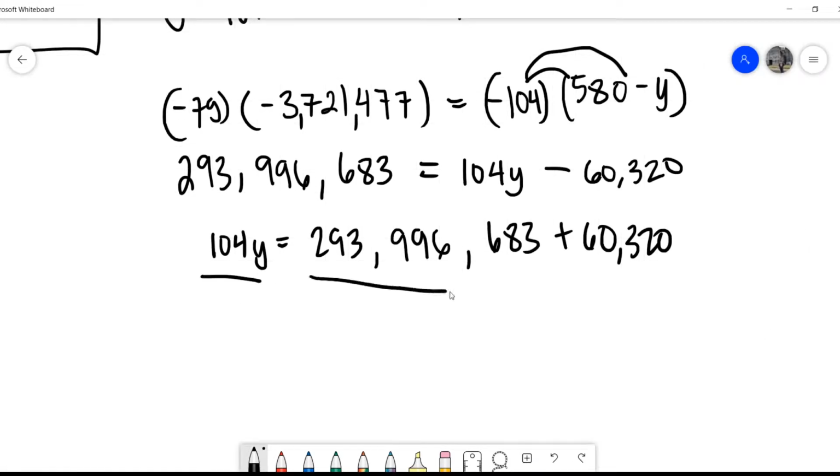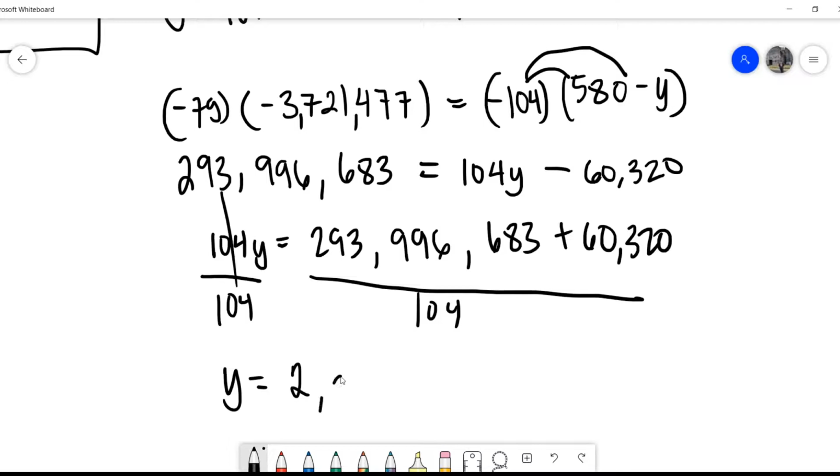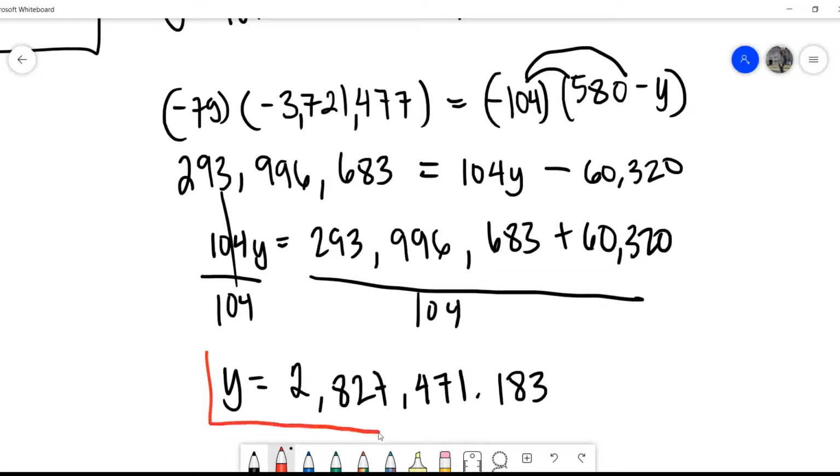Dividing both sides by 104, we get y equals 2,827,471.183. So that is how you interpolate.